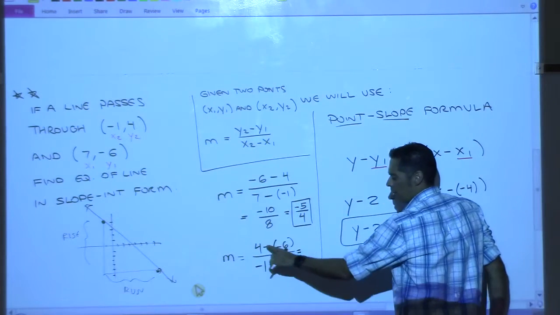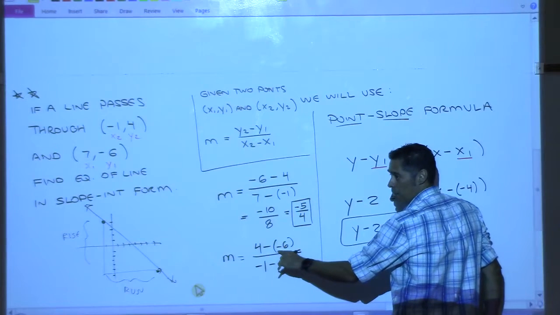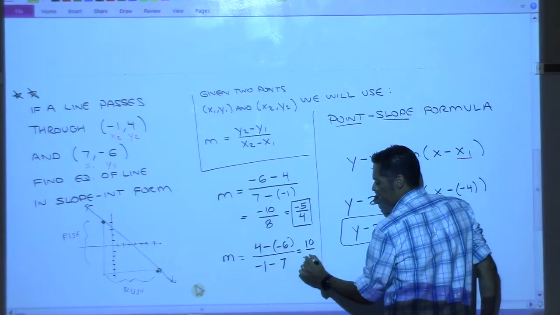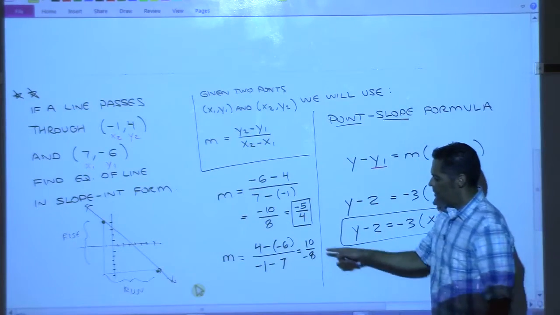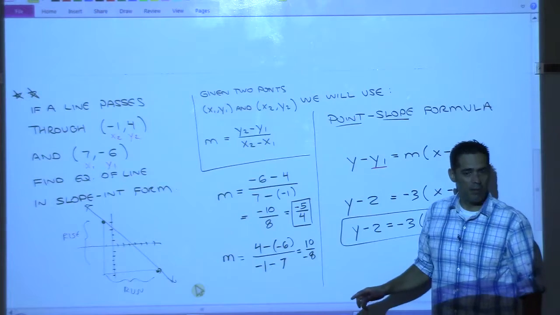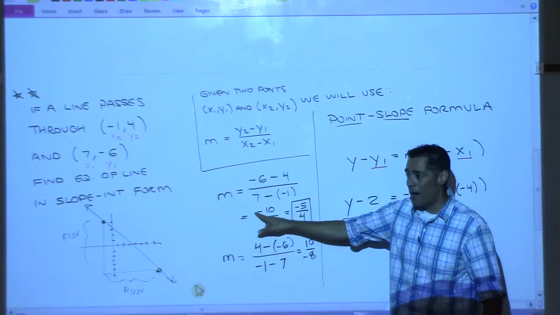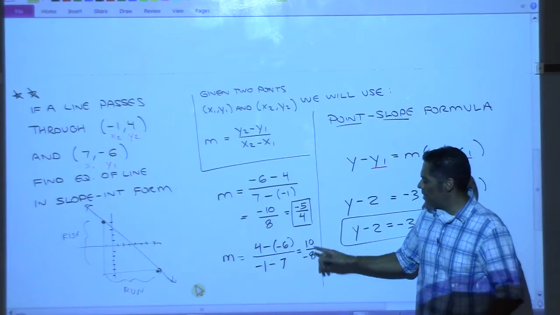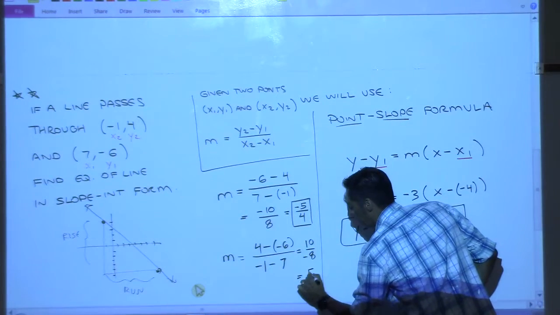Okay, so the top is 4 minus minus is plus, so 4 plus 6 is 10. And on the bottom you get -8. Are these the same answers, Rodrigo? Yes, they are. Remember I just talked about this. The negative on top or the negative on the bottom is the same number. So let me simplify this. This is 5 over -4.